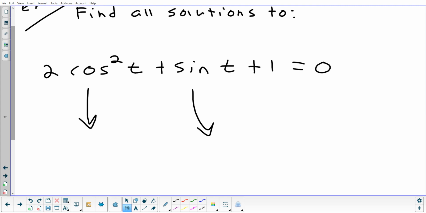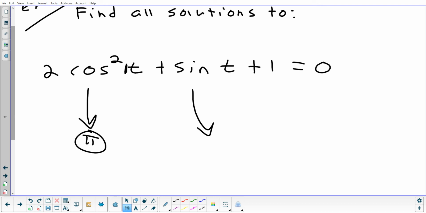Can someone remind me, what's the formula for the period when you have cosine to an even power? Eli? Pi over b. And what's b in this case? Yeah, 1. It's the number in front of the variable in the argument. So b is 1, so pi over 1, the period here is just pi.